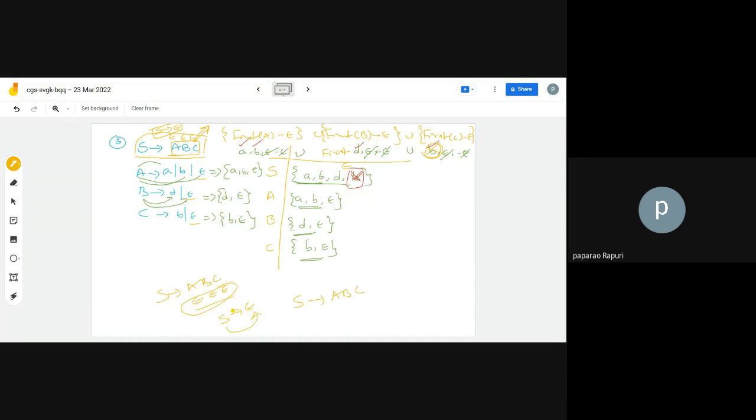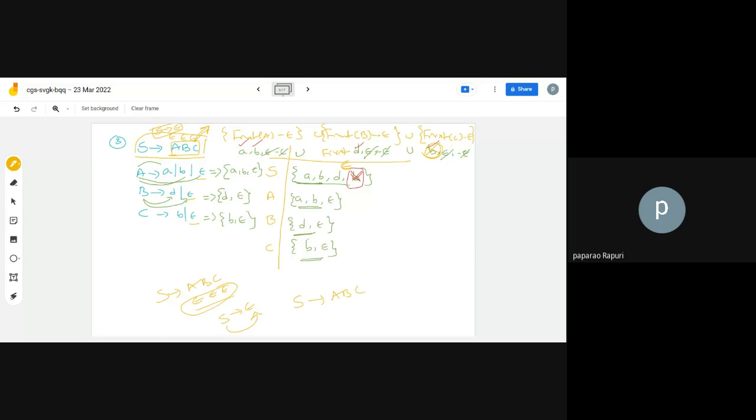From the fifth rule, we can say that first of S is equal to epsilon. For that purpose, please add epsilon in the first set of S.